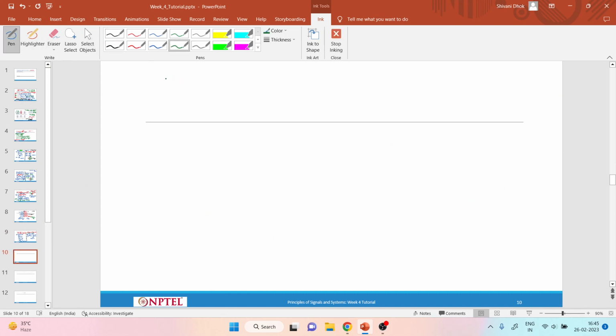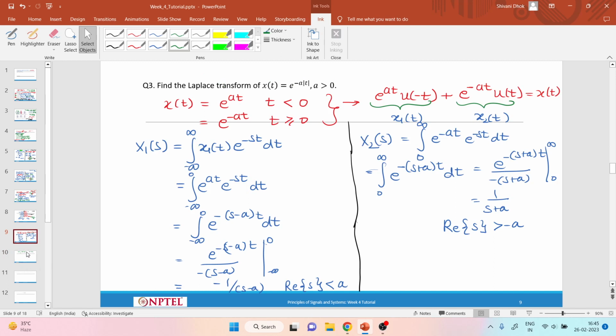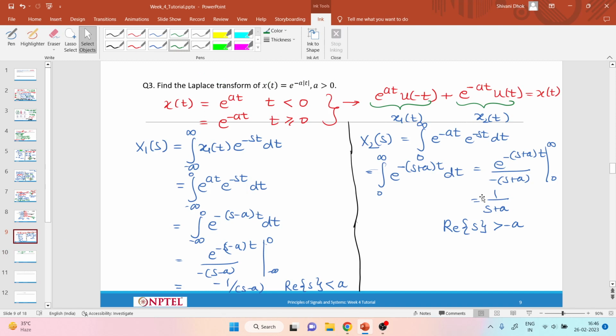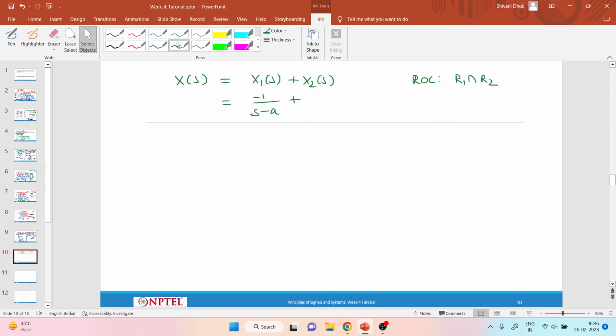Now let us try to find the Laplace transform of x(t). So X(s) will be equal to X1(s) plus X2(s). This is the linearity property, and its ROC will be simply R1 intersection R2, that is, the region of convergence for x1(t) intersected with the region of convergence for x2(t). So X1(s) we have obtained as minus 1 by (s-a), and X2(s) we have obtained as 1 upon (s+a).